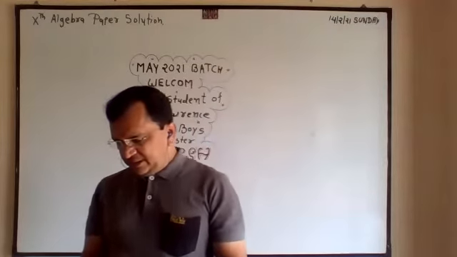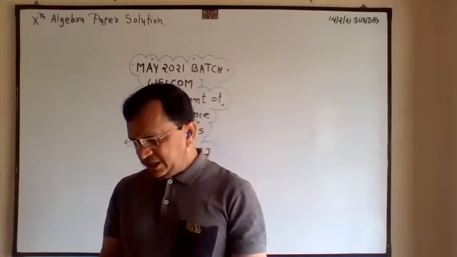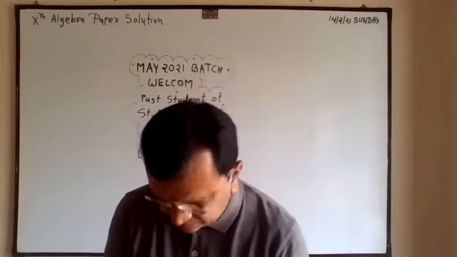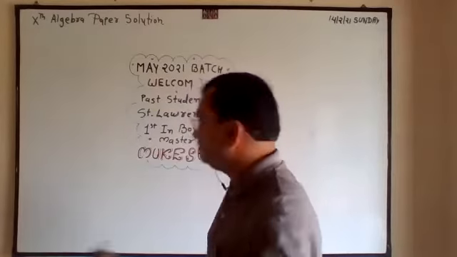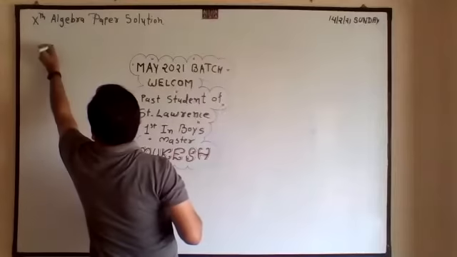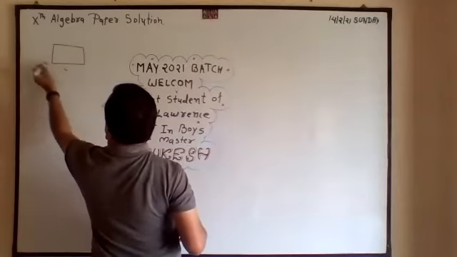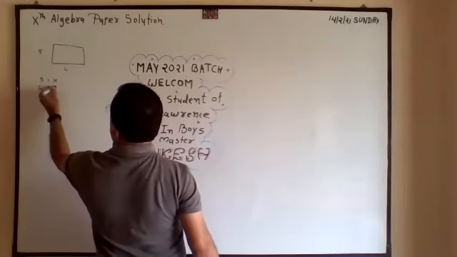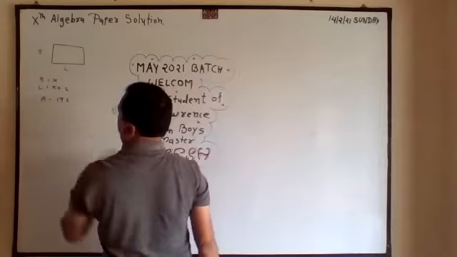One side of the rectangle exceeds another by 2 and its area is 195. In a rectangle, breadth is x, length is 2 more, and the area is 192.